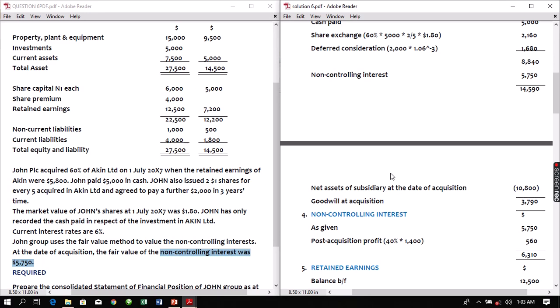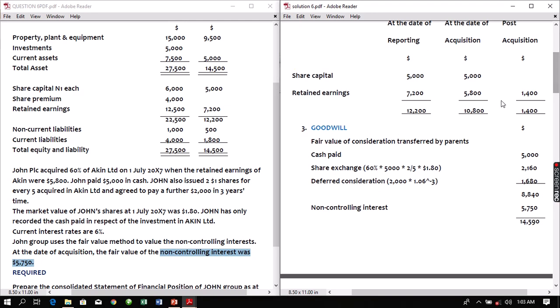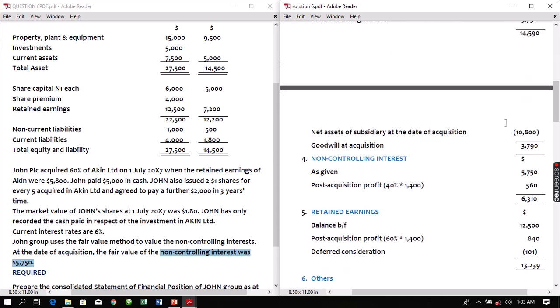And where can you get your net asset of the subsidiary at the date of acquisition? We've calculated that in workings 2. Coming back to workings 2, my net asset at the date of acquisition is 10,800. So I can come here and input it here. Net asset of subsidiary at date of acquisition is 10,800, which gives my goodwill to be 3,790. That is all for workings 3.